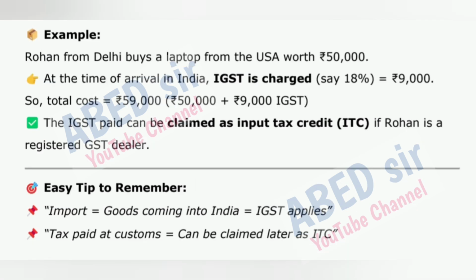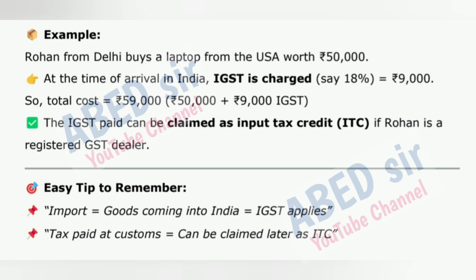Example: Rohan from Delhi buys a laptop from the USA worth 50,000 rupees. At the time of arrival in India, IGST is charged, say 18% = 9,000 rupees. So, total cost = 59,000 rupees, 50,000 rupees plus 9,000 rupees IGST.